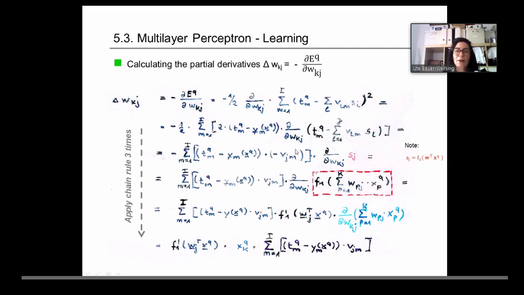So we will get a term that's called minus Vjm, right? So the first step we take is we get rid of the square. So we have 2 times the difference between target and output value of the neuron. And then we have to apply the chain rule to what's in the brackets here.